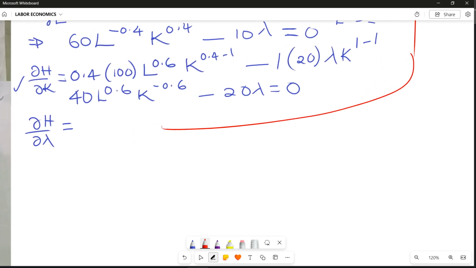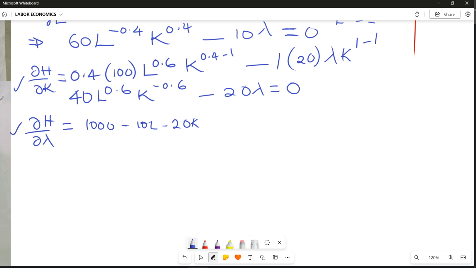So the derivative of h with respect to lambda will just be 1000 minus 10L minus 20K. You see that? So those three steps, don't forget them: the derivative with respect to L, with respect to capital, and with respect to lambda.